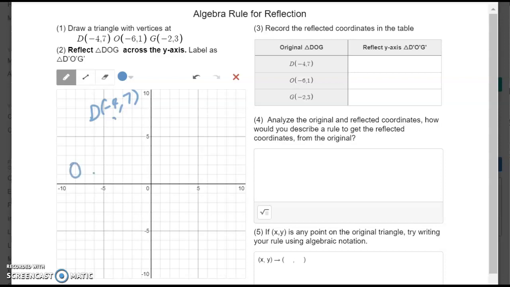That's my O. And then finally G is my (-2, +3). Okay, so then I draw my lines.